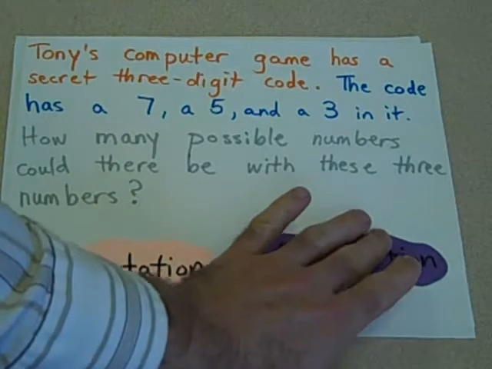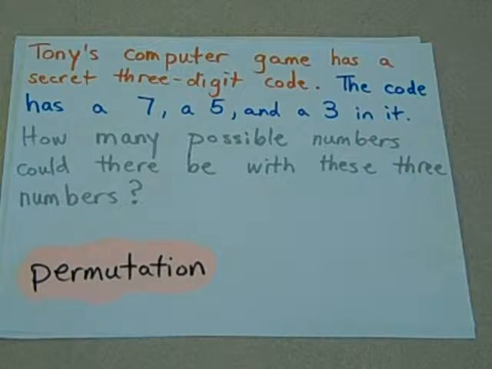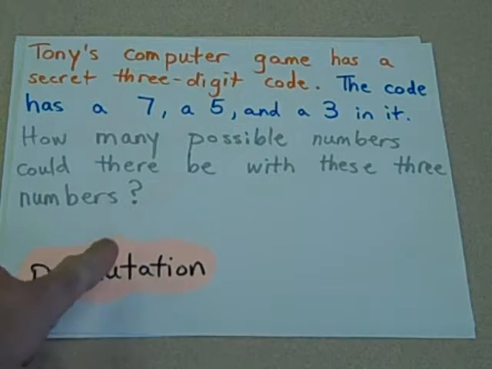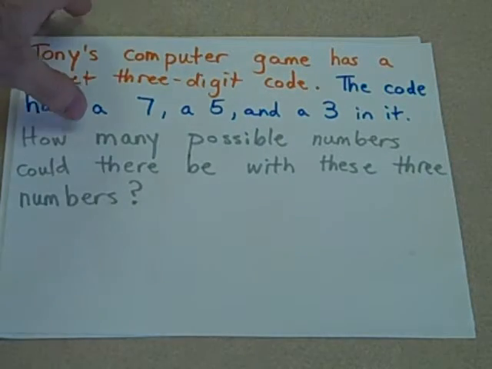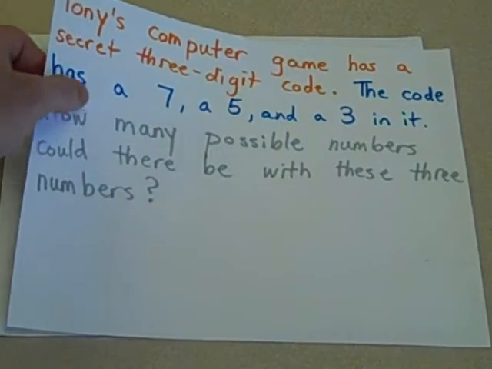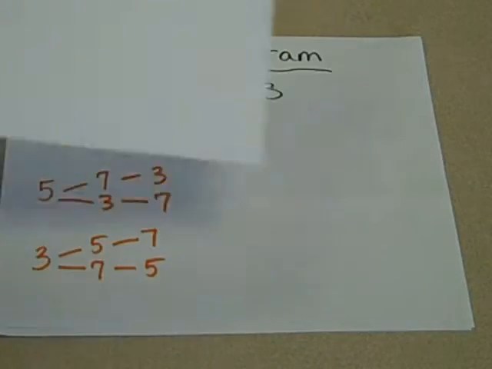If you said permutation, you were correct. In this case, a code, the order does matter. If my code to start my game is 753, and I put in 735, I'd be out of luck. So order does matter. So how can I show the work for a permutation?